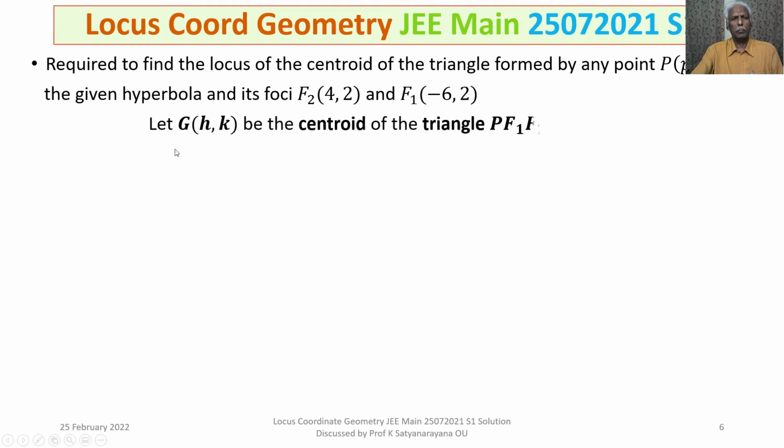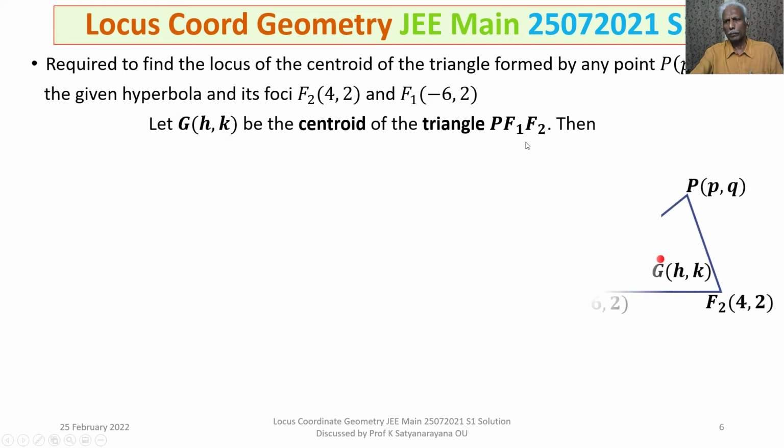Let capital G with coordinates H comma K be the centroid of the triangle P F1 F2. Let's look at the triangle. The centroid is given by p plus 4 plus minus 6 by 3 equal to H, and K will be q plus 2 by 3.